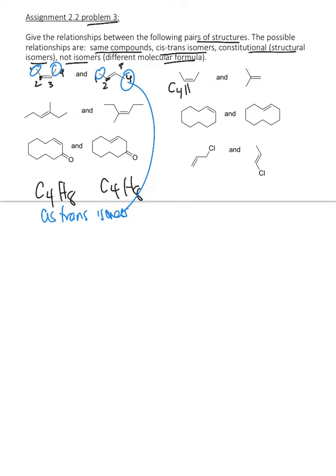This is C4H8, the same as this compound here. This is 1, 2, 3, 4, C4, and 8 hydrogens. So they have the same molecular formula, but if you look, the double bond is on carbon number 2 here.